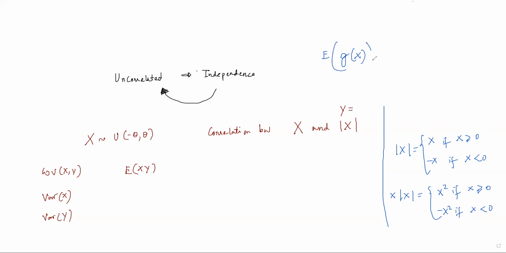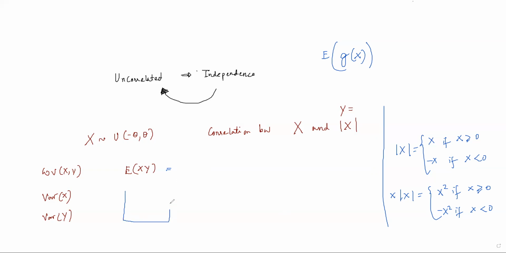Now you use the law of total probability. The core idea is that since it's divided into two spaces, depending upon two different behaviors, we condition on X being greater than or equal to 0 and less than 0.